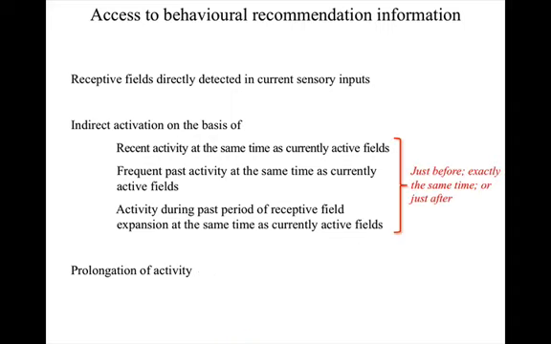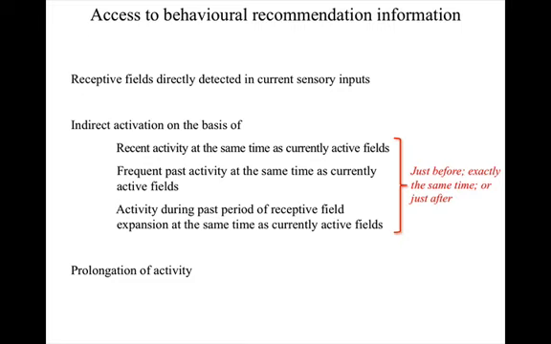Now at this point, let me emphasize, as I have before, that these are the only mechanisms by which cortical recommendation strengths can be accessed. At anatomical levels, the brain can't use cognitive type information because neurons and columns don't have access to that type of information. They don't correspond with unambiguous cognitive categories, for example.